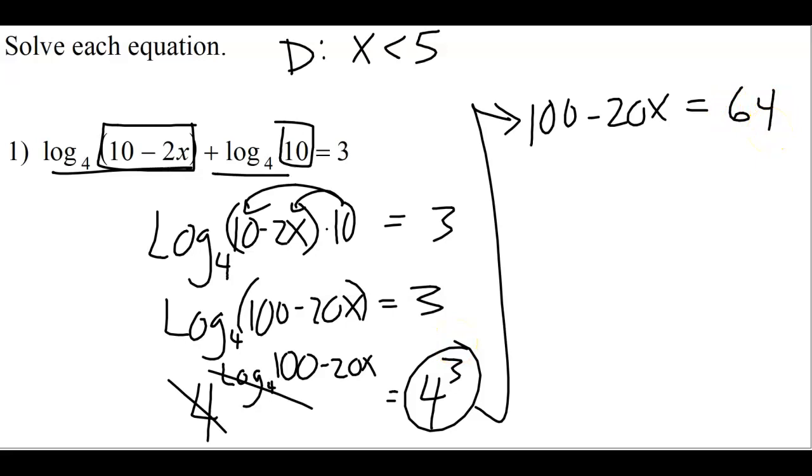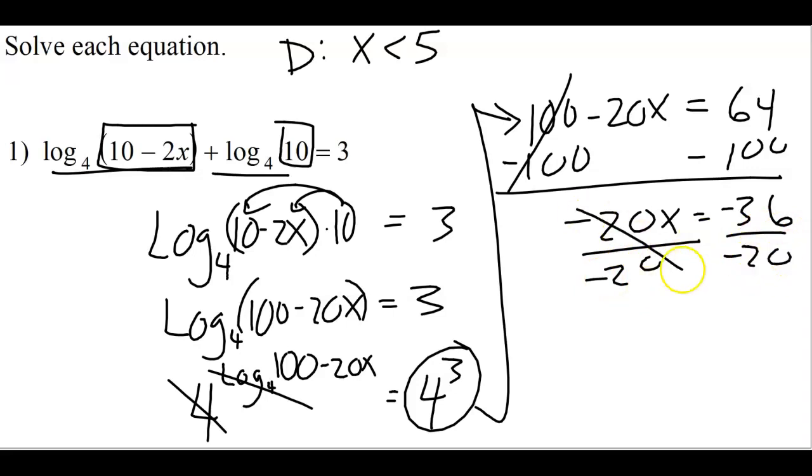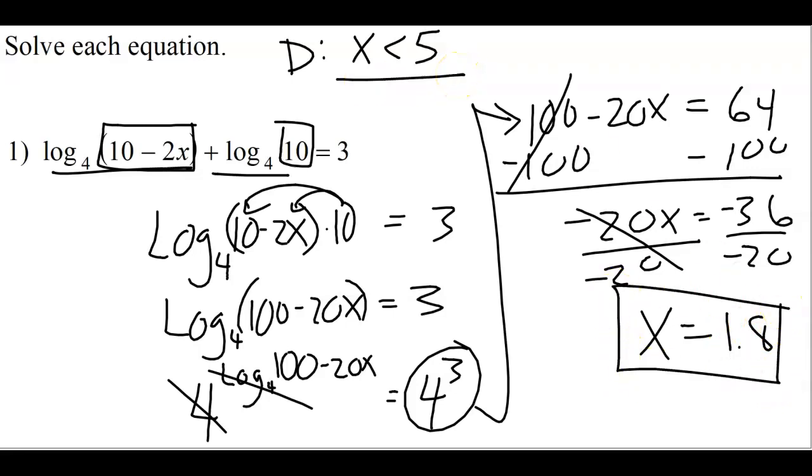And then from there, we just need to do some algebra. So let's get to it here. Double negatives cancel, and we end up with 1.8. And that is, in fact, less than 5, and so that's a good answer that we will keep.